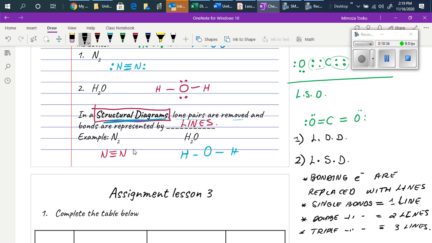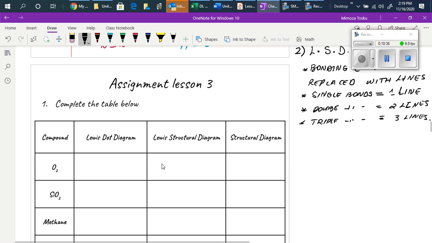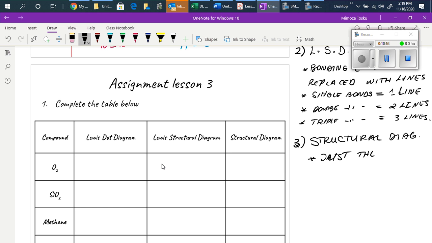And when we are talking about the structural diagram, what we are representing is just the bonds, not the electrons in the valence shell.